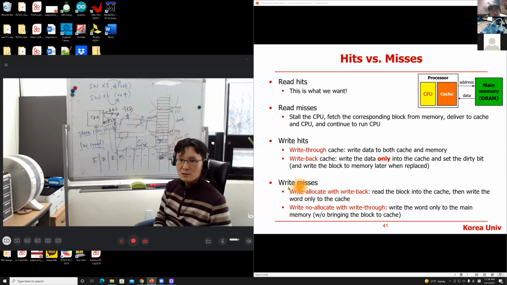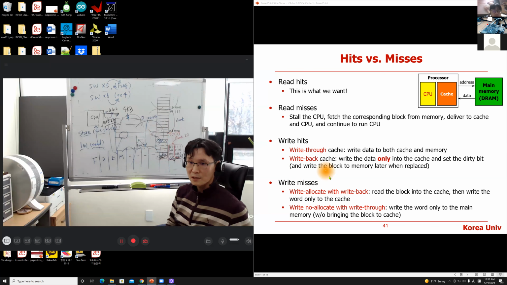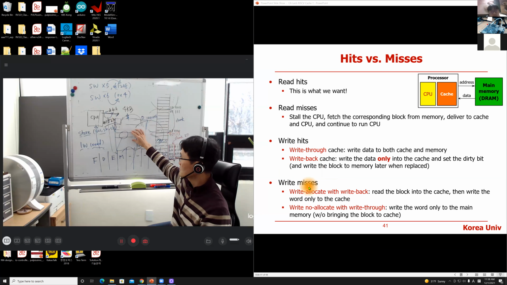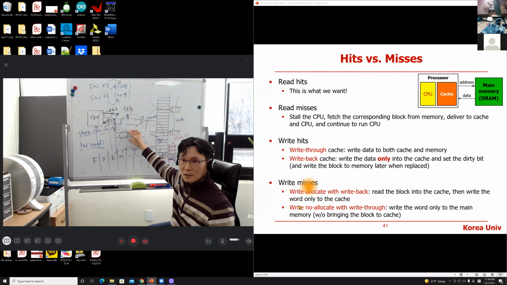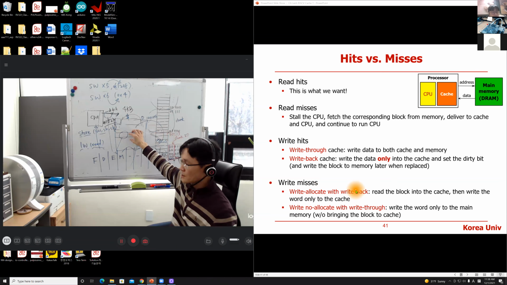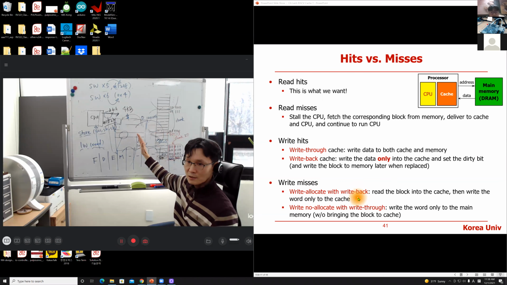So the cache will update main memory eventually. Now write miss, it is more complicated. Write miss: search the cache, and the cache does not contain the information you are looking for. Then it depends on the policy. Allocate with write back: memory block allocation first, then update only the cache.